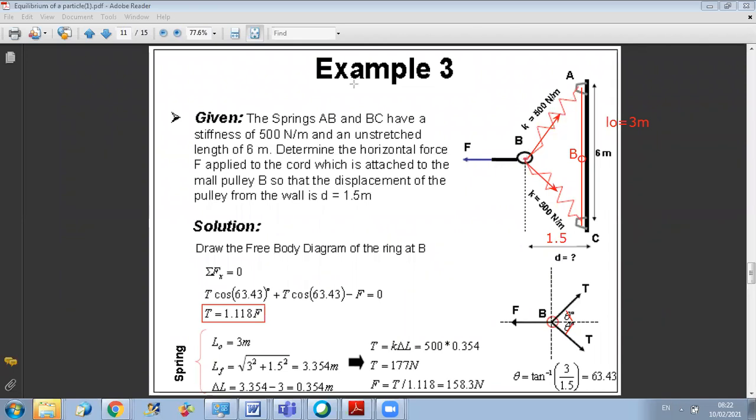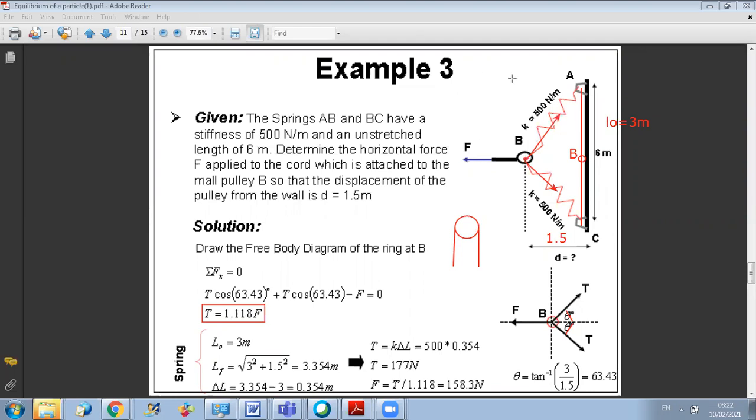When we say that the tension in the cable is the same, the cable should be going over the pulley and continuing down. Here it's different: the two springs are connected to the center of the pulley.